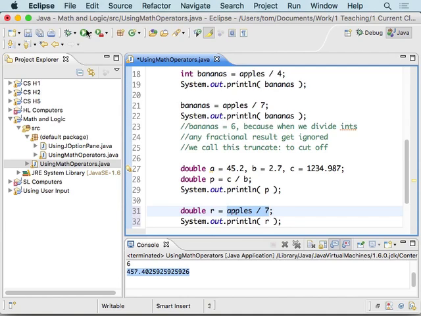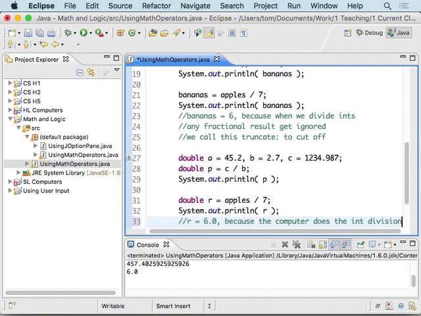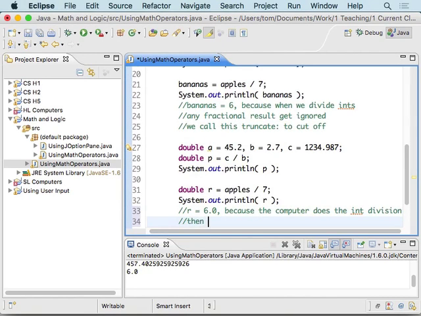What happens is it actually gets the value 6.0, because what it does is it does the integer division, then stores the result, and the result of the integer division we saw before was 6, in the double.